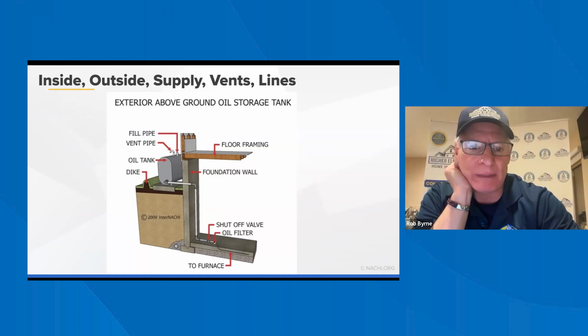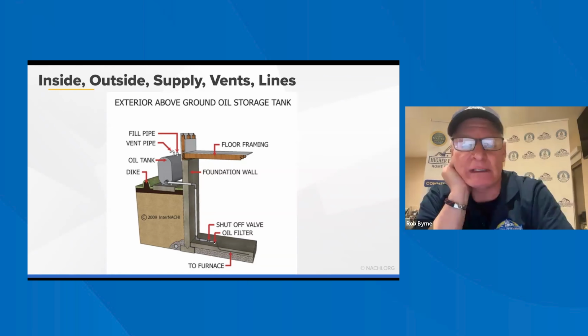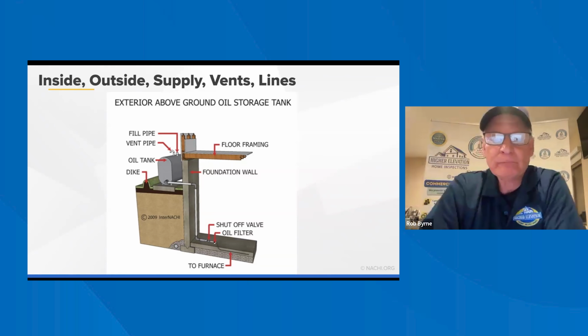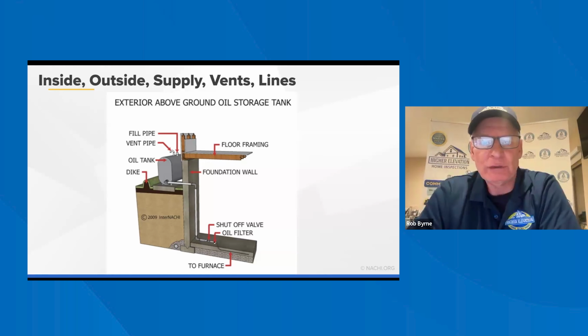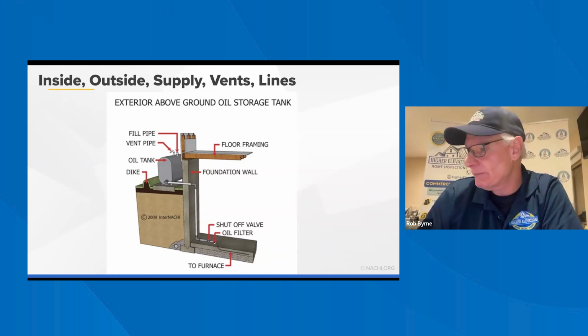So these are the requirements if you have an outside oil tank: obviously a fill and a vent, and then the line comes through the foundation wall and you've got a fuel shut off, usually at the filter. Ones inside usually have it underneath the tank and at the filter. But this is a good illustration of an above ground oil tank storage system.